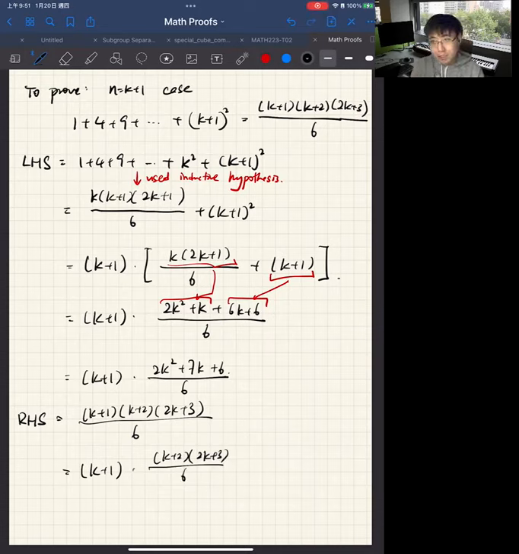What do you do next? You expand. It should be 8. No, it's 7. Yeah, I'm right. Nice. So now it's the same as LHS. And here ends the proof.